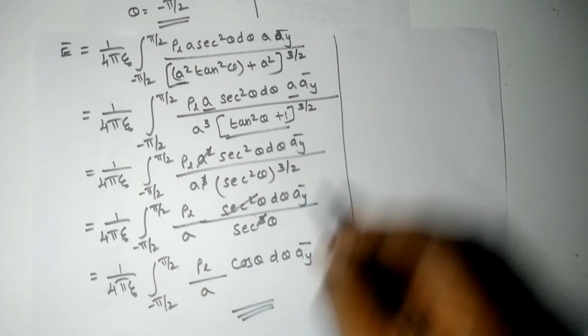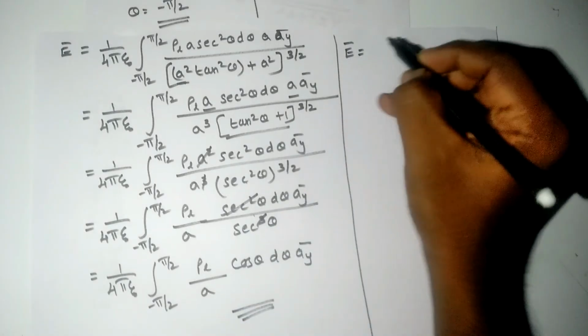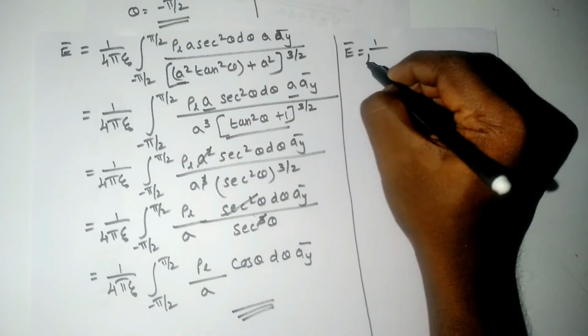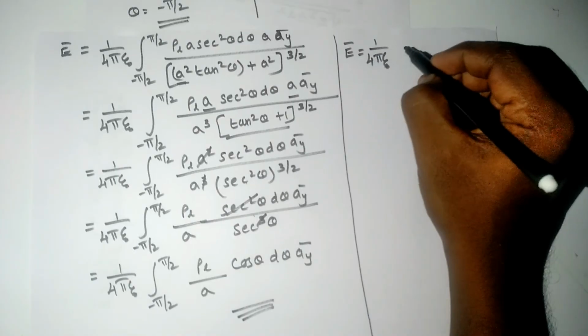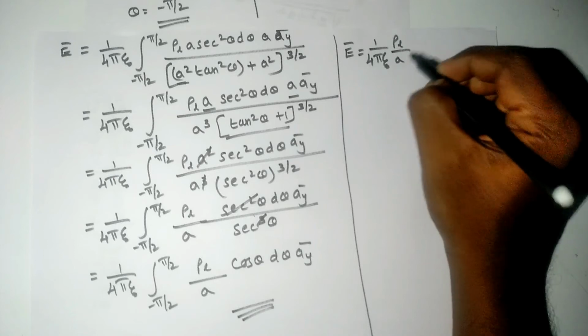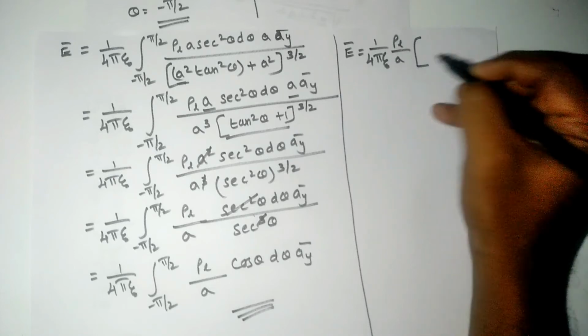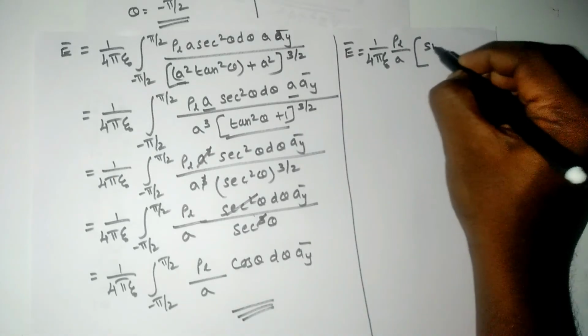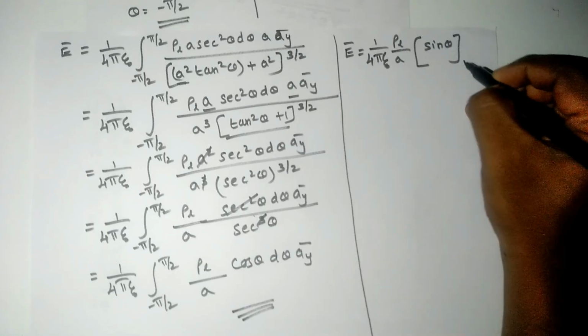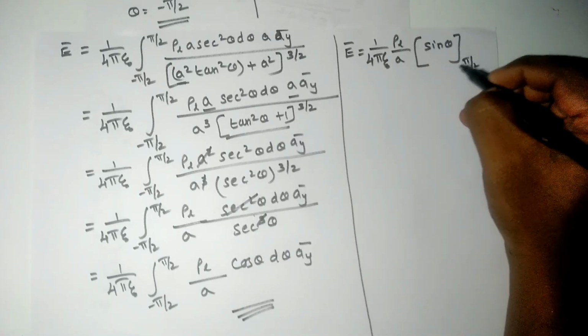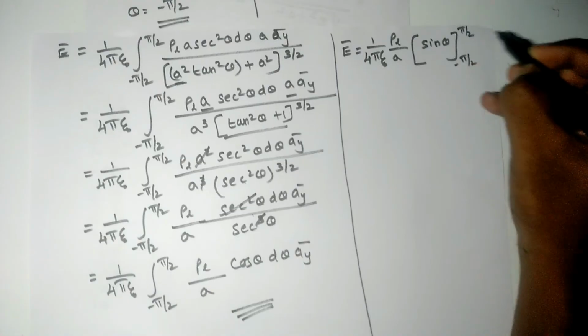So integrating this, we will get E vector is equal to 1 by 4 pi epsilon 0 rho L by a. Integration of cos theta is sin theta, limits minus pi by 2 to pi by 2 into a_y.